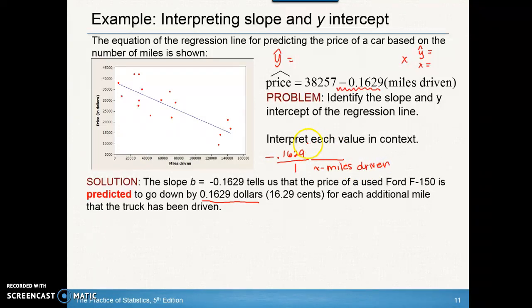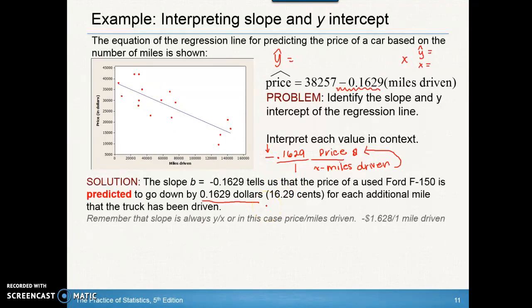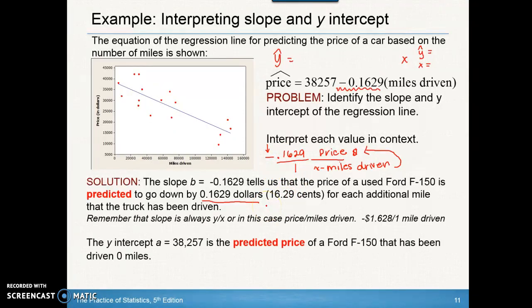The top is your y, that is your price in dollars. So then I make a sentence out of this. I say, for every 1 mile that's driven, the price goes down, since it's a negative, by $0.1629 or $16.29. So that's just the way that I do it.